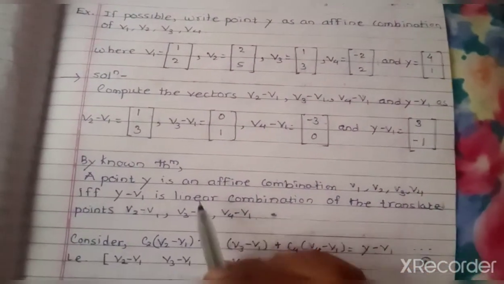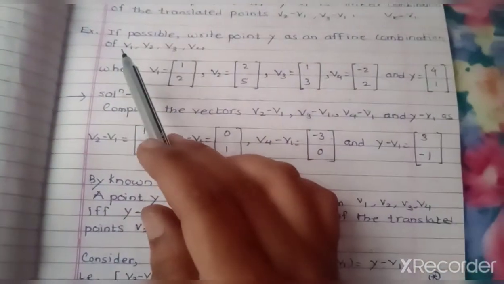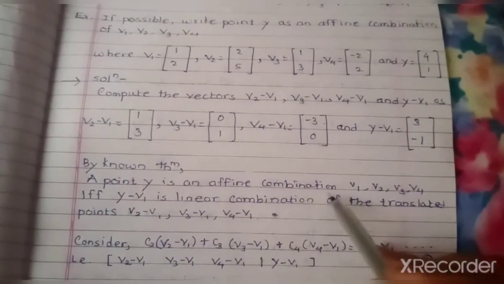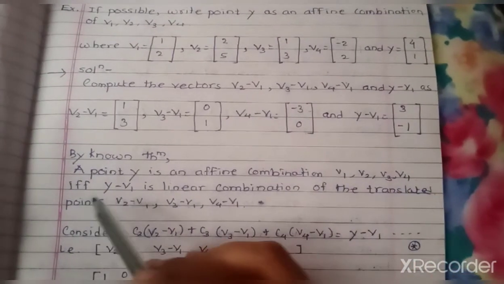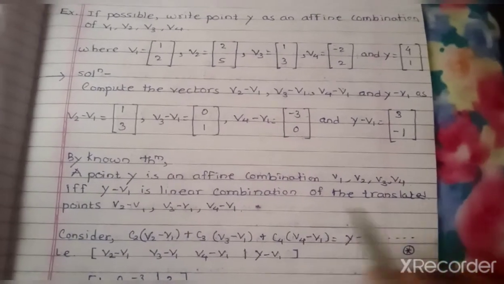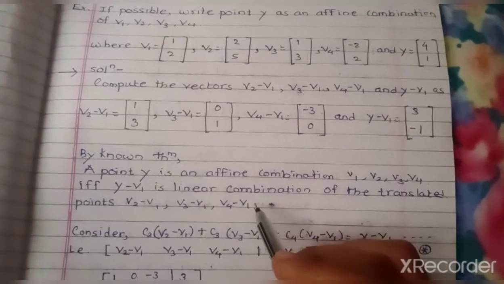So here we write down the theorem statement as applicable to this example. A point y is an affine combination of v1, v2, v3, v4 if and only if y minus v1 is a linear combination of the translated points v2 minus v1, v3 minus v1, v4 minus v1.